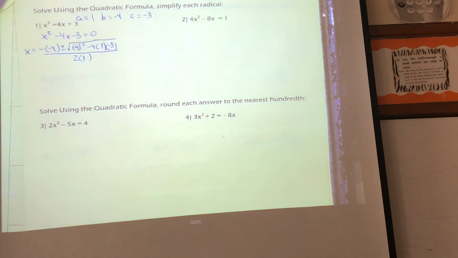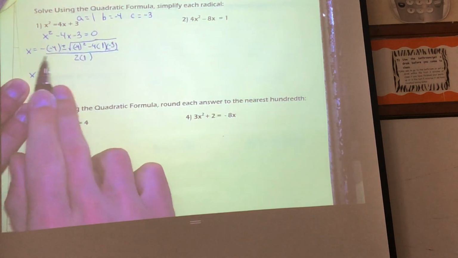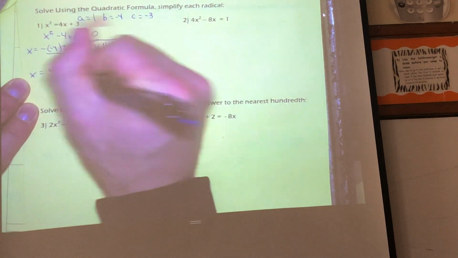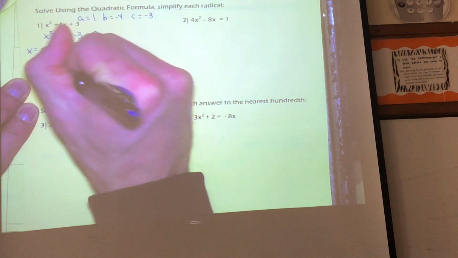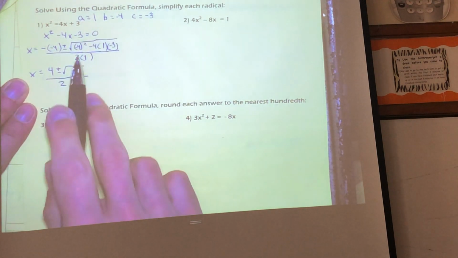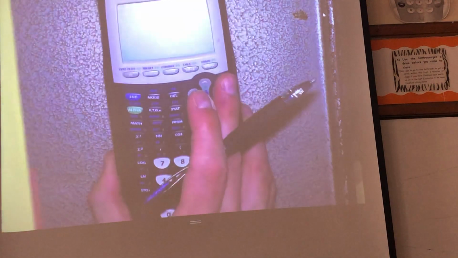We are going to start to simplify. So we have x is equal to negative of a -4, which should be +4, plus or minus, 2 times 1 is 2. The radicand, we're going to use our calculator, plugging in without the radical sign.